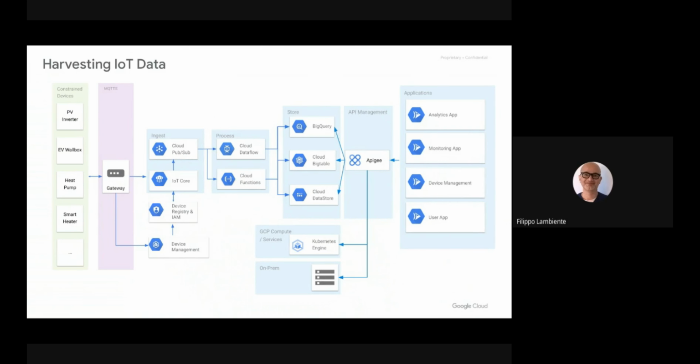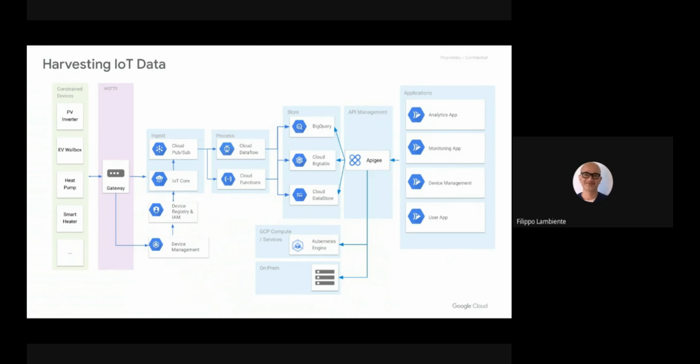On the left of this slide we have devices that generate information and events. For simplicity, it uses MQTT to send these events from the gateway to the cloud, using an ingestion phase with services like Cloud Pub/Sub, and then inserts this information into a store that can be BigQuery, or another type of store, with Apigee on top of it.